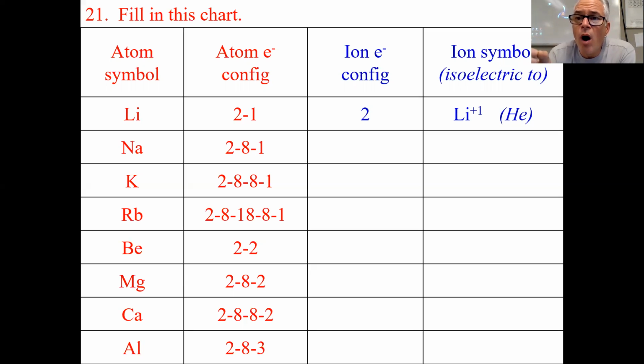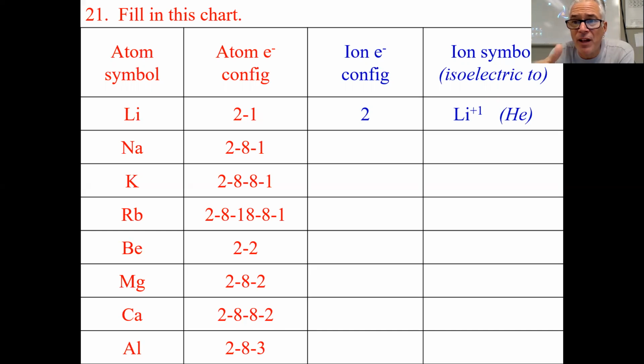He means, what noble gas does the lithium positive 1 ion have an electron configuration like? Which noble gas is it isoelectronic to? Helium. How do you know that? Look, helium has an electron configuration of just 2, just like the lithium cation. Lithium ions do not become noble gases. It doesn't become helium. It has the same electron configuration as helium.